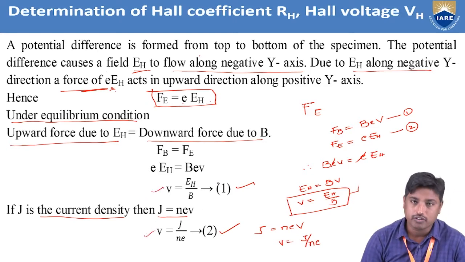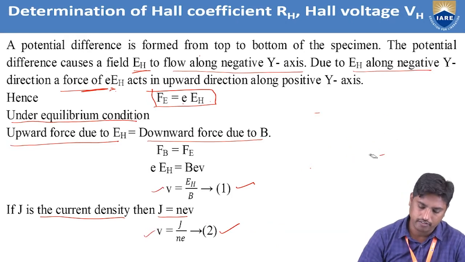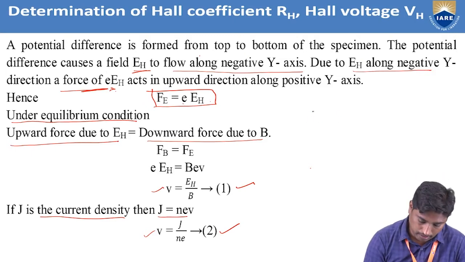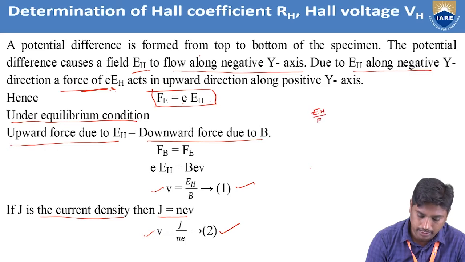So compare the two equations now. By comparing the two equations, we get the equation for the Hall coefficient. E_H by B equals the current density J by n into e.